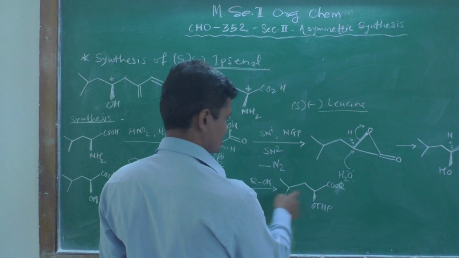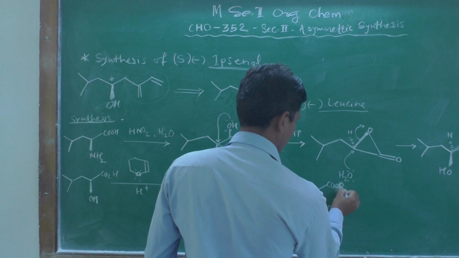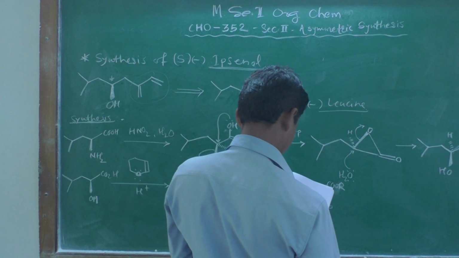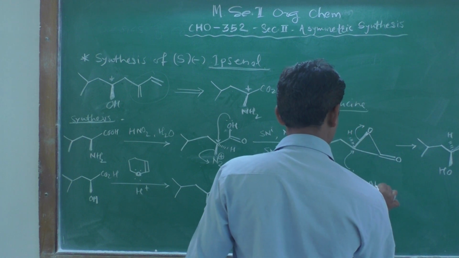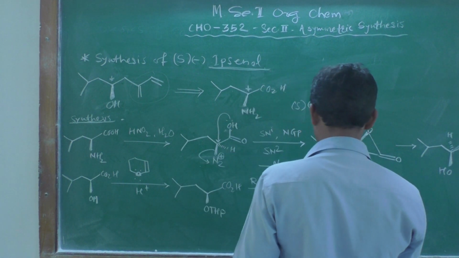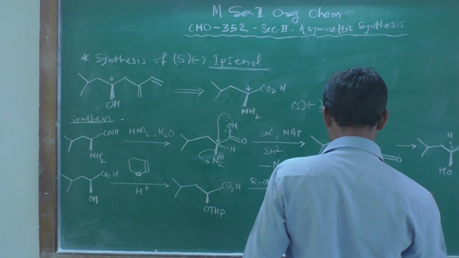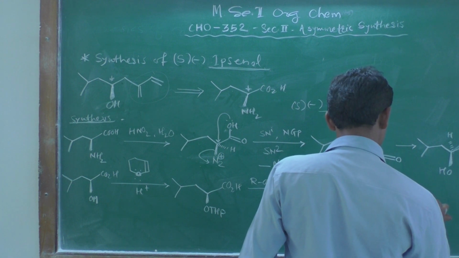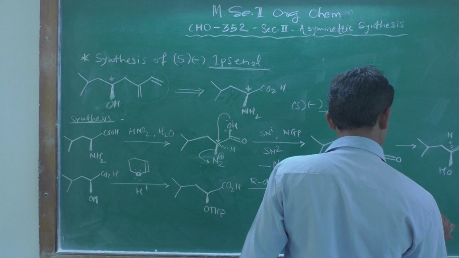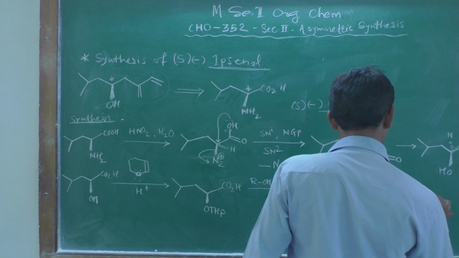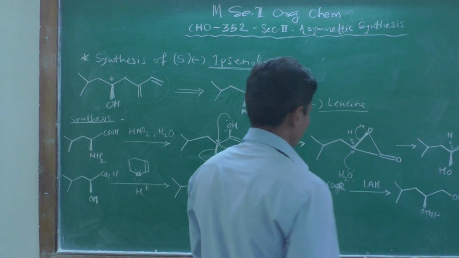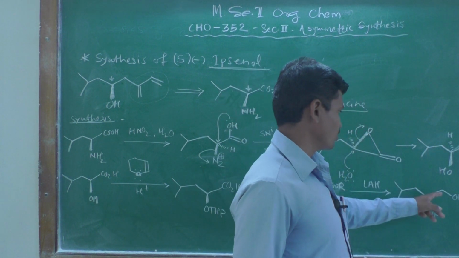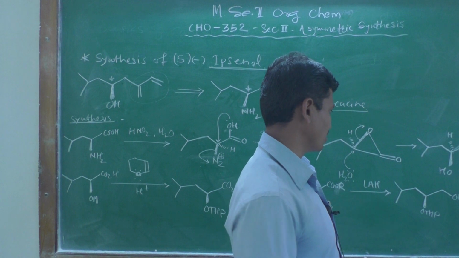So the acid functionality is converted to ester functionality here. Then reduction, lithium aluminum hydride, LiAlH4. What will happen? OTHP as it is, CH2OH. Ester is converted to primary alcohol by using lithium aluminum hydride.